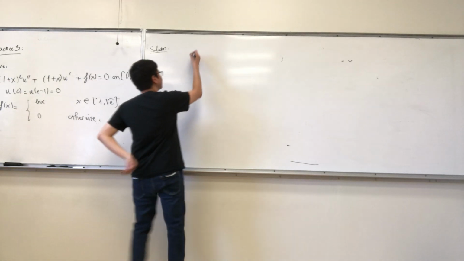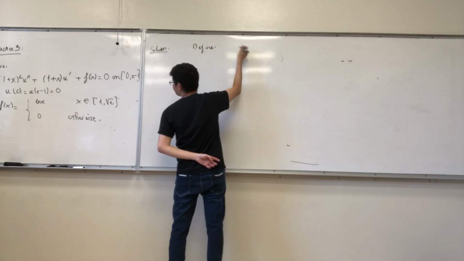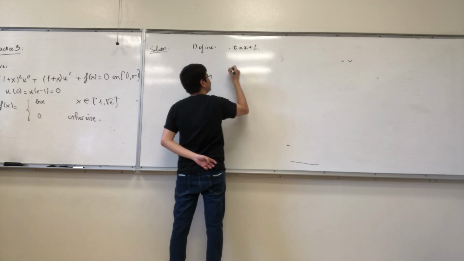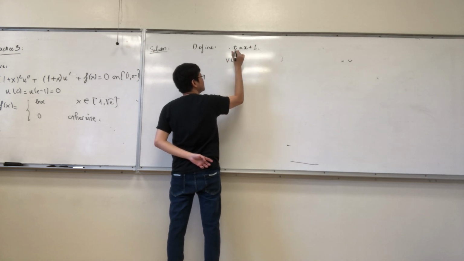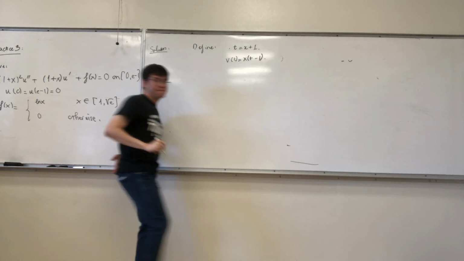So we define a new variable t to be x plus 1. And you define a function v(t) to be u(t minus 1).